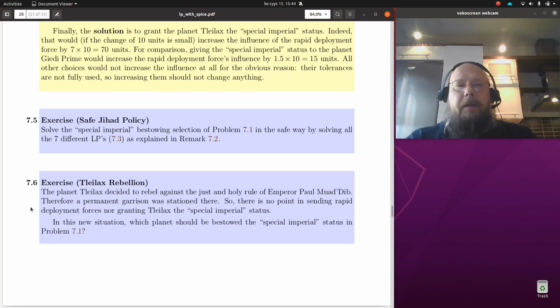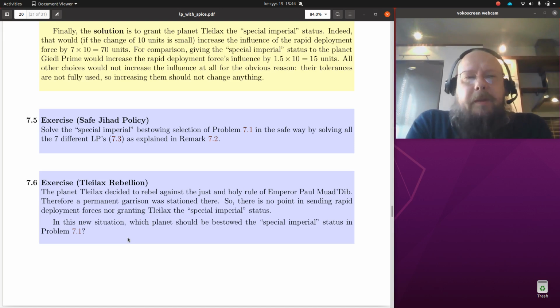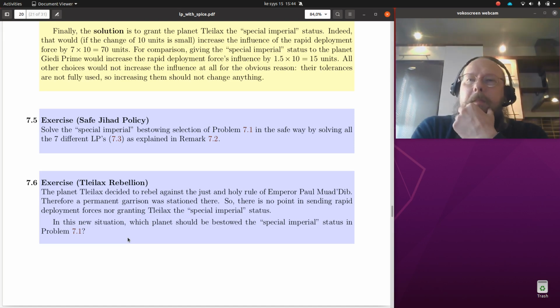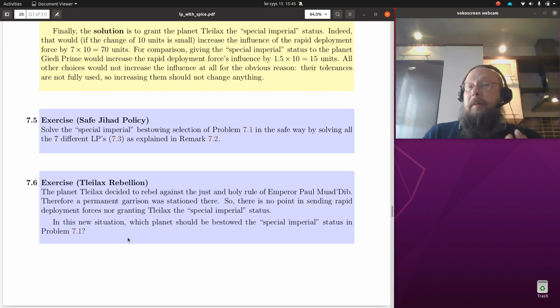Then another exercise in this section 7.6, Tleilax rebellion. So let's make things even more convoluted. Suppose that before this rapid deployment force was constructed, before we collected all these legions, during or somewhere before the decision of how to build this force, planet Tleilax decided to rebel against the just and holy rule of Emperor Paul Muad'Dib.